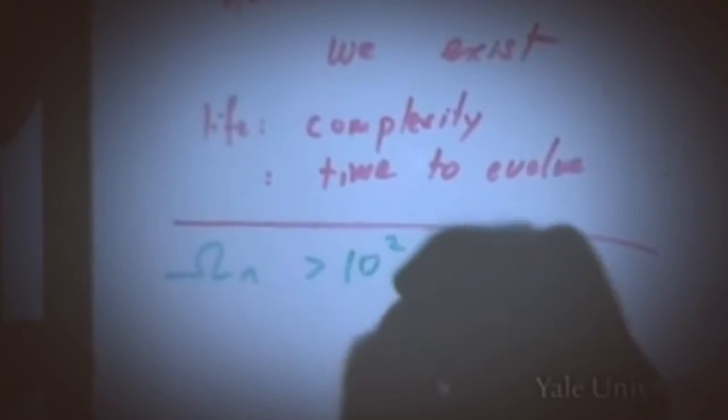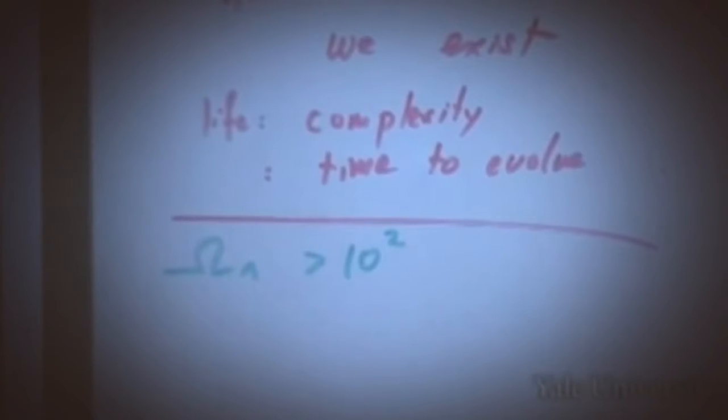For example, supposing it were true that omega lambda, the density of the dark energy, instead of being around 0.7, was greater than 100. So the whole universe is being pushed apart by this stuff, and there's hundreds of times more of it than there is in the current universe. You're not going to form any structure. We looked at the formation of structure last time.